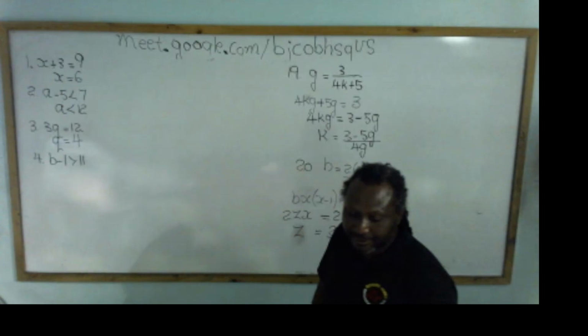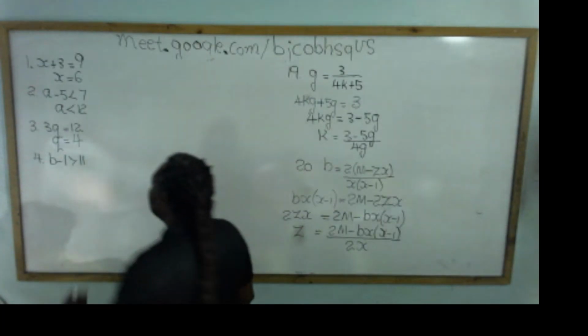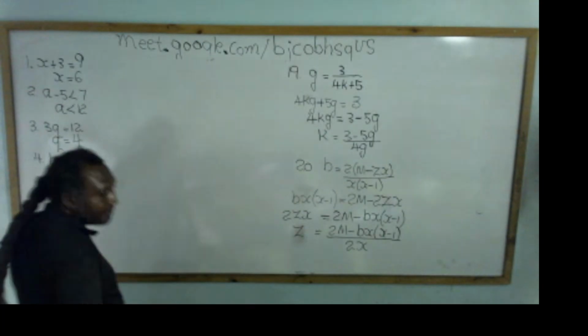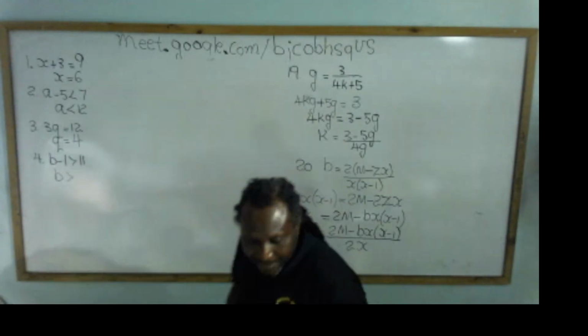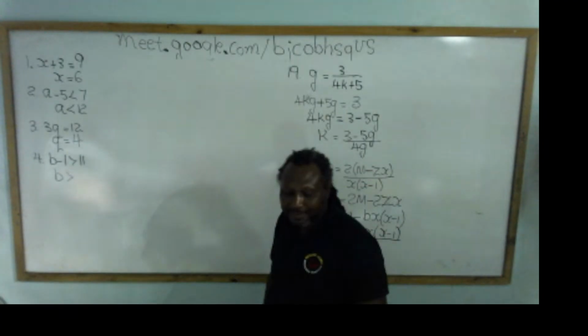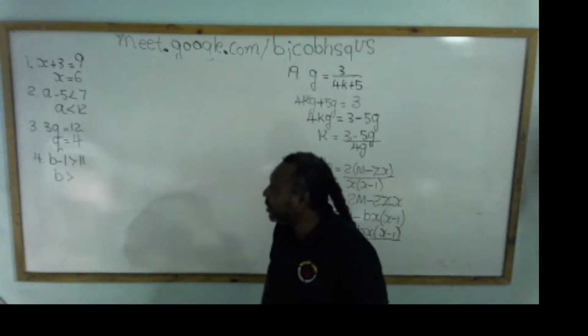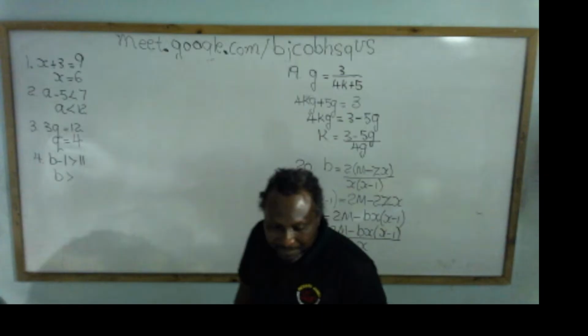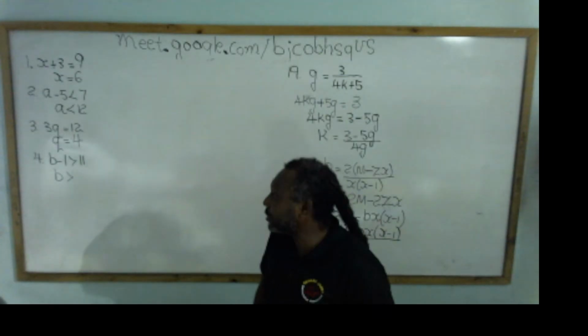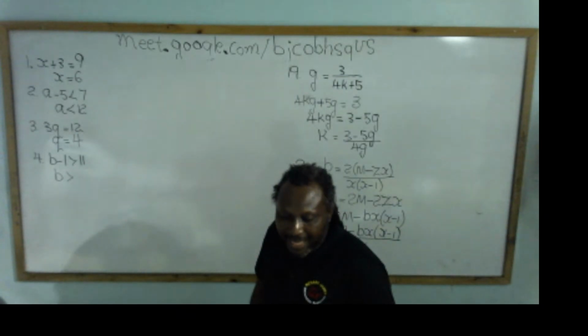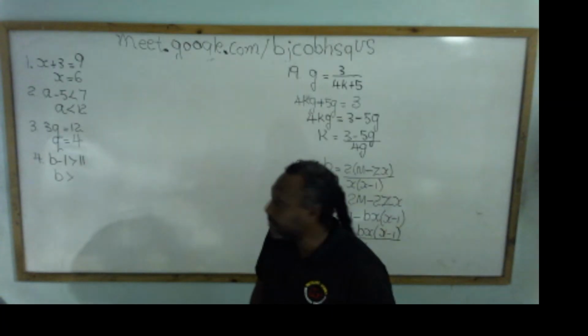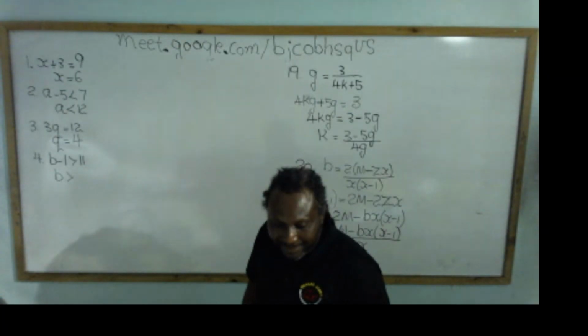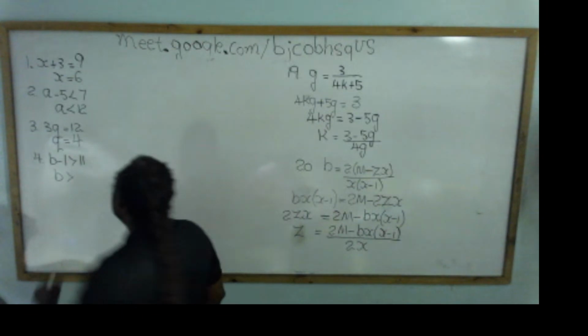So what do we write? B is greater than... now we are subtracting 1 there. Since we are subtracting 1, we will add 1. So B is greater than 12.